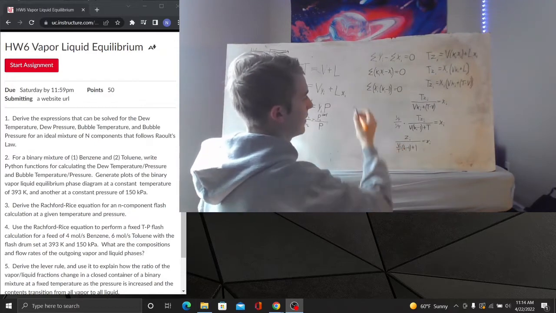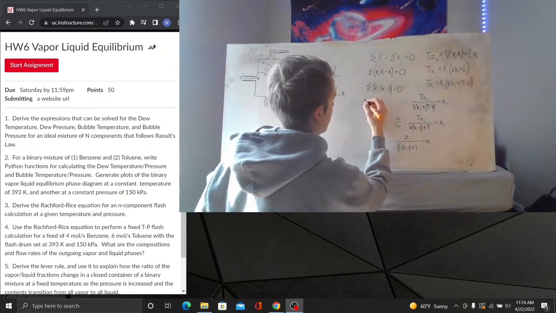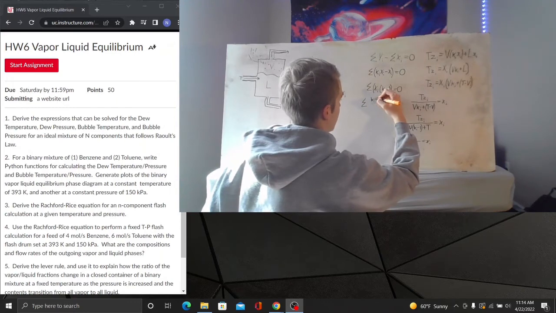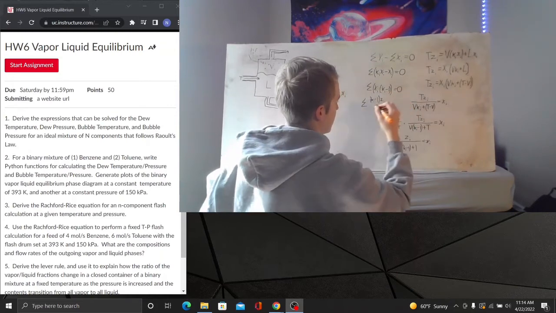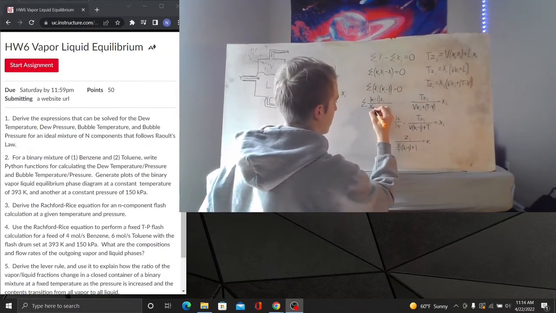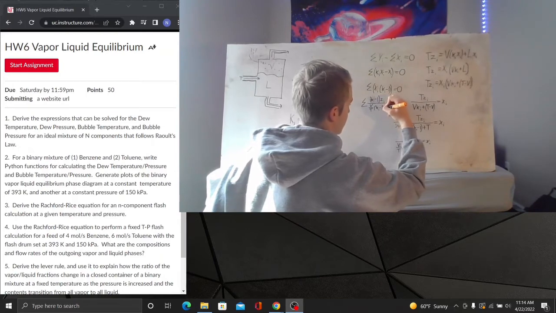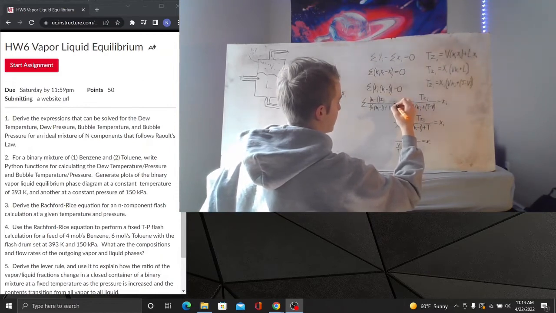And now we can finally substitute that back in to our sum over here to get our final Rashford-Rice equation, which will be the sum of ki minus 1 multiplied by zi over V over T times ki minus 1 plus 1, equal to 0.